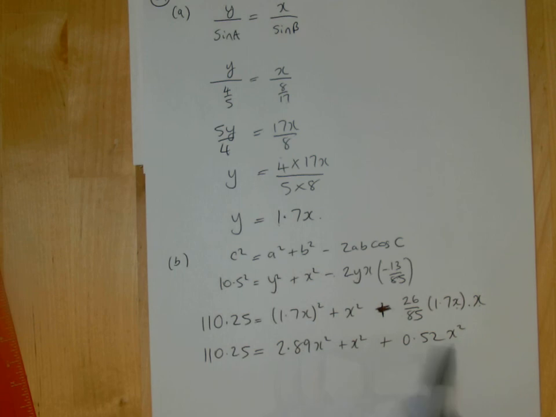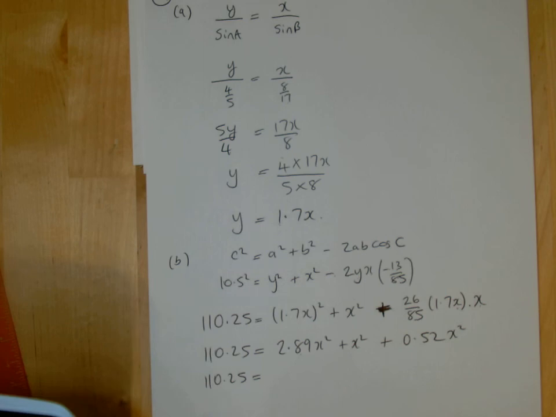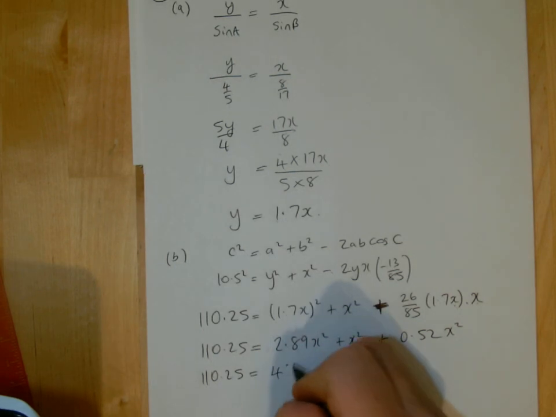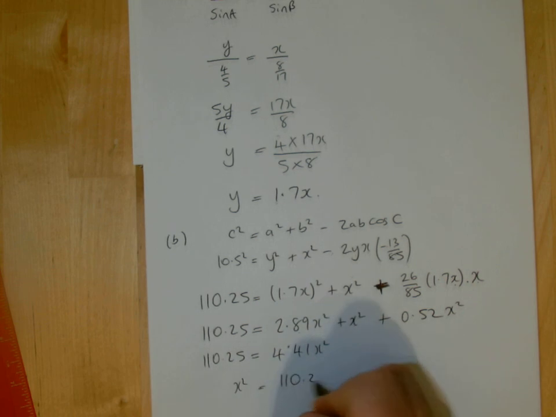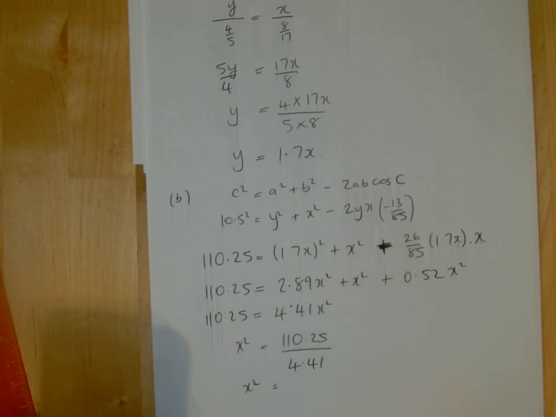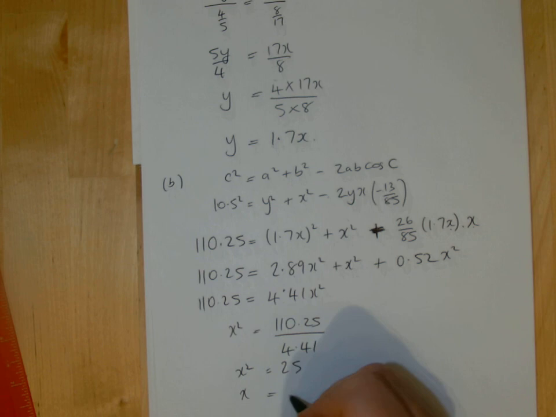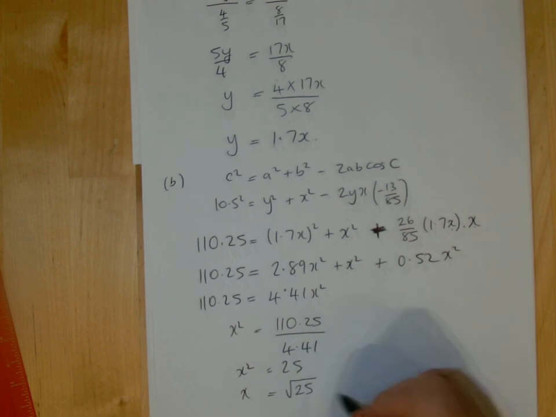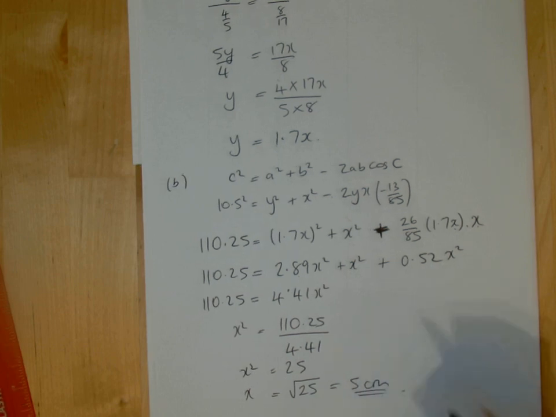Putting it all together, add 2.89 plus 1 plus 0.52, so I get 4.41x squared. Then x squared equals 110.25 divided by 4.41. On my calculator, that comes out to be exactly 25, which is really nice. To get x, all I'm going to do is square root, taking the positive square root because x has got to be positive. So x turns out to be 5 exactly.